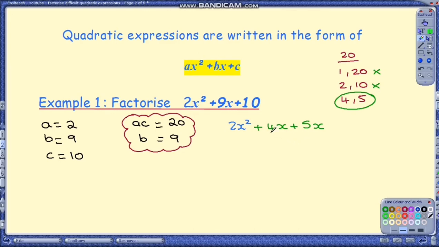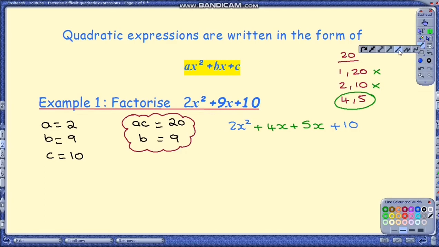And if you look at it, 4x plus 5x is still going to give you that 9x plus 10. Okay, so this is what I do. Now, you can write it in any way around. It is fine. I've chosen to write the 4 because 4 is a multiple of 2 and so is 2. And then 5 is a multiple of 5 and so is 10. And you will understand why in a second.